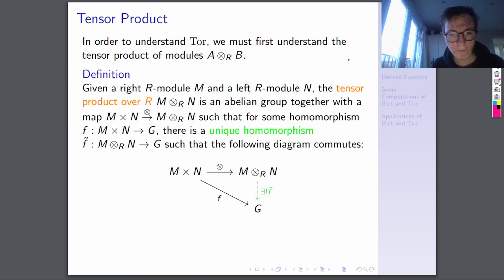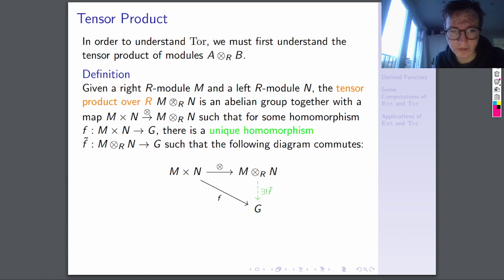So there is an explicit way of defining the tensor product, but the equivalence relation you must quotient M cross N by is kind of ugly, so I decided to give this kind of more smooth, if you like, definition.